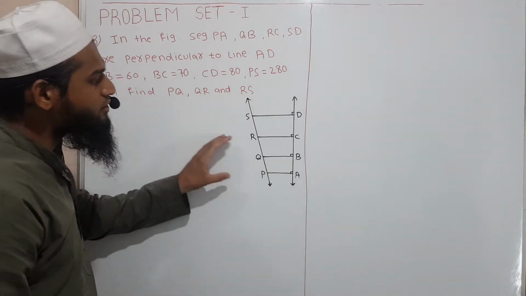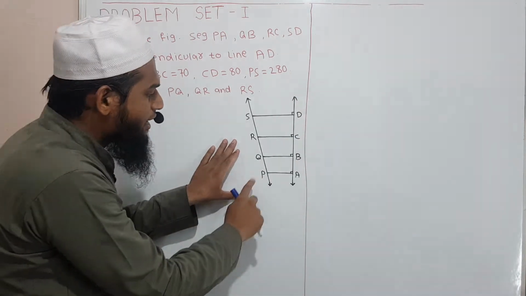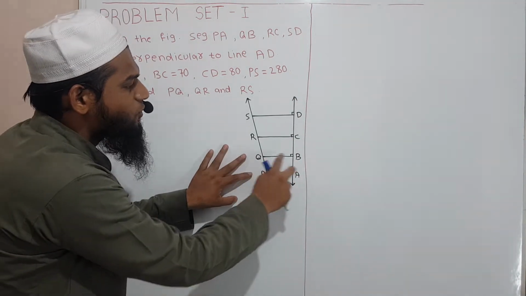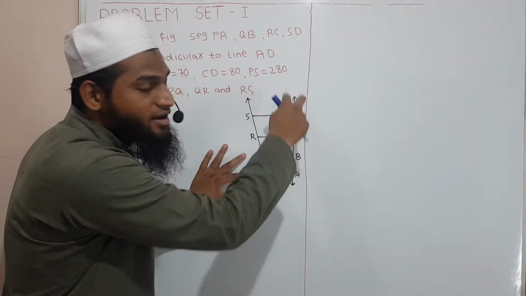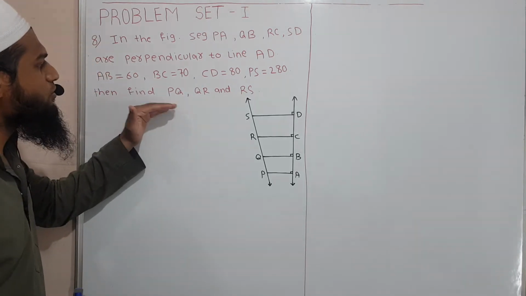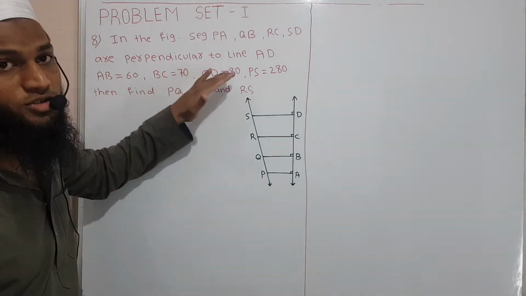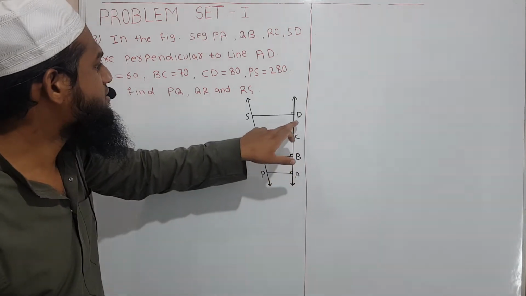Okay, here this line AD, and segment PA, QB, RC and SD all are perpendicular to the line AD. Okay, and यहाँ पर वैल्यूज दिए हुए हैं, किसके किसके वैल्यूज दिए हुए हैं? AB, BC, CD.